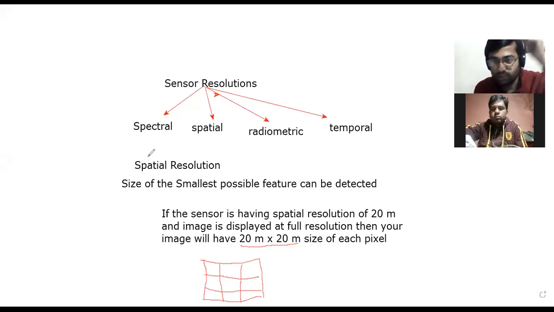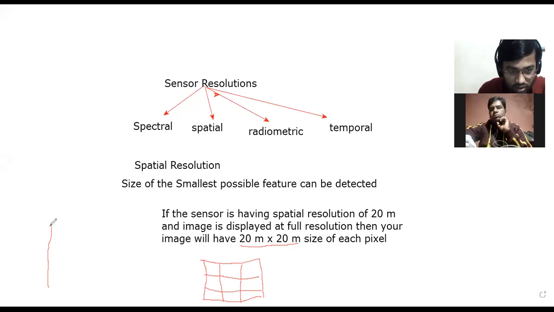Meaning from the satellite I will be able to see everything on the ground up to 20 meters clearly. Let's say you are standing on a 20-meter tall building on the ground, so I can watch you clearly with the help of the satellite. Did you understand what I am saying?